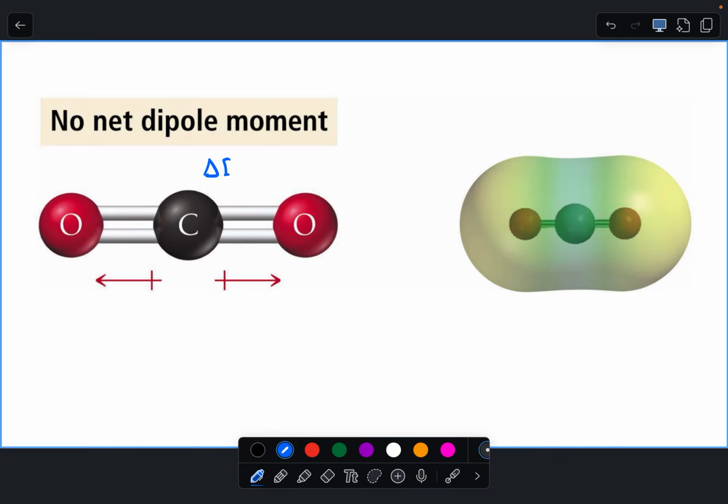So the difference in electronegativity, if you go look it up, C is 2.5, O is 3.5, okay? So there's a certain amount of size associated with the vector, the dipole moment. I should just call it a dipole moment. I just want to connect it to physics if you guys are familiar with that.